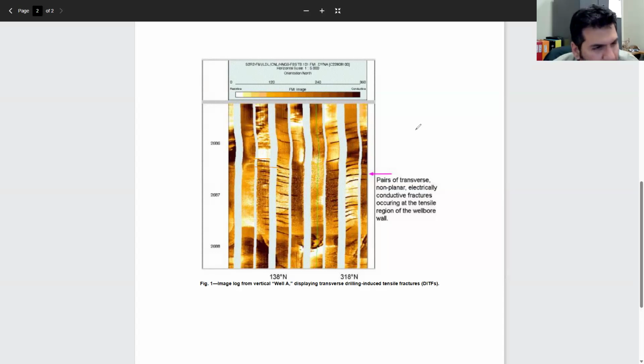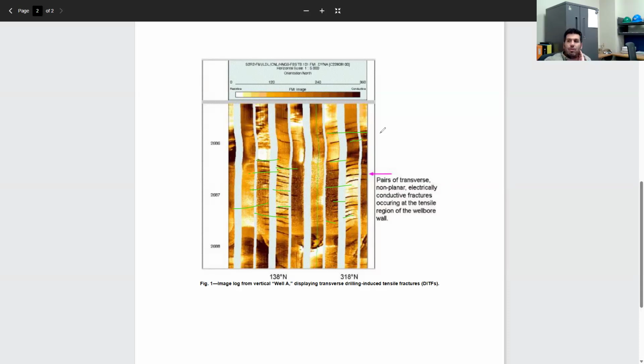Oh, I shouldn't use orange. Let's use green. Okay, straight, transverse. Very evident. Transverse drilling-induced tensile fractures.